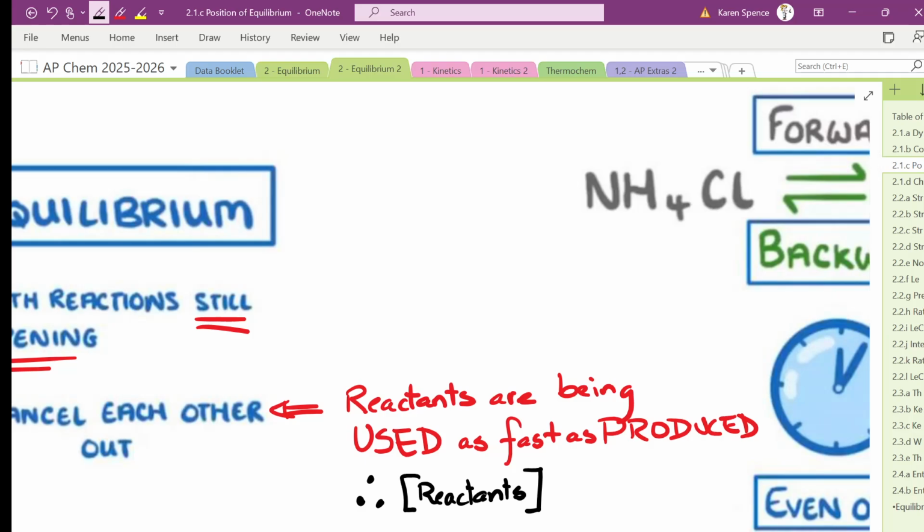Chat with your neighbor about that. What is happening to the concentration of reactants when we are at equilibrium?